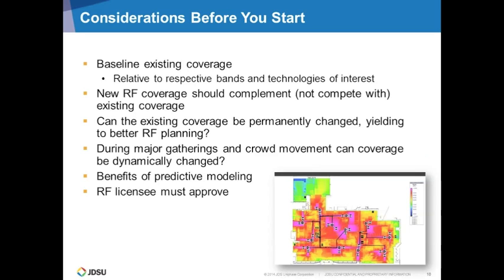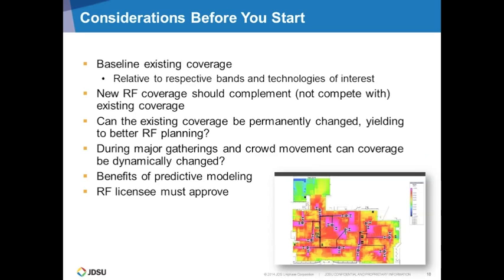We've clearly seen during Super Bowl events that while crowds gather outside the stadium, you want to manage the RF there, but as they move into the stadium, it's often advantageous to change the coverage of the macro sites covering those areas to give preference to the DAS inside the stadium. Also, before you start, think of the benefits of predictive modeling.